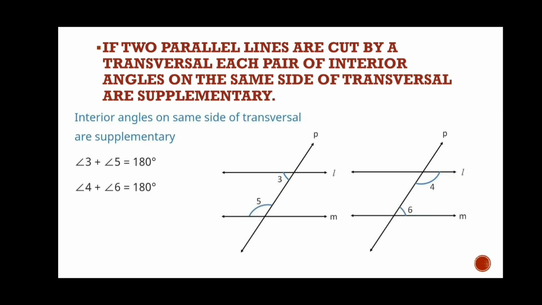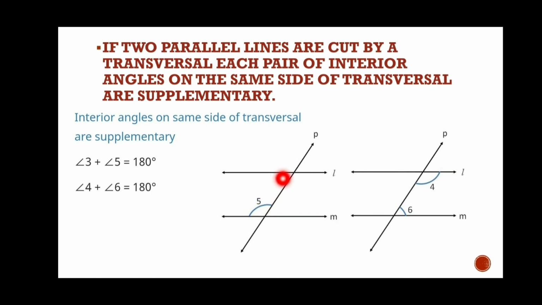Now the last, fourth point: if two parallel lines are cut by a transversal, each pair of interior angles on the same side of the transversal are supplementary. Now you see the same side of the transversal and the interior angles on the same side. So this is the transversal line and the interior angles are 3 and 5, which are on the same side.